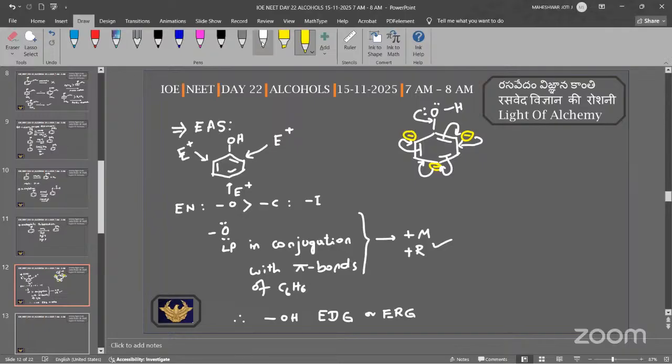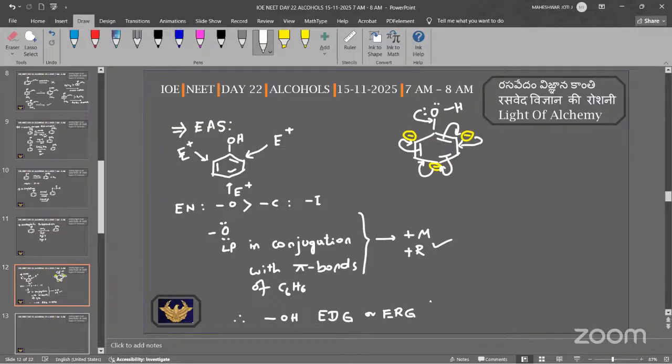So negative charge is formed over ortho position and para position, right? So the electrophile attacks at ortho positions and para positions.